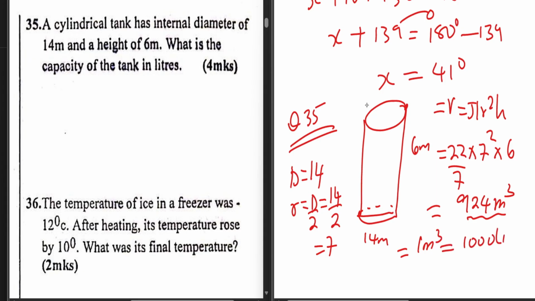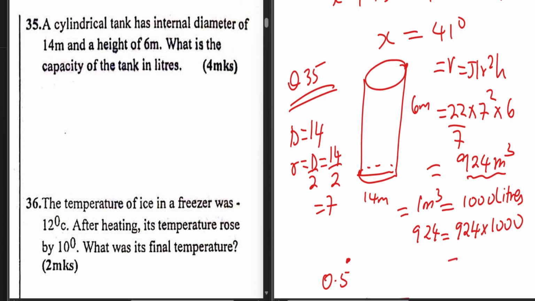Therefore, you need to convert 924 into liters. So 924 times 1,000 is 924,000.